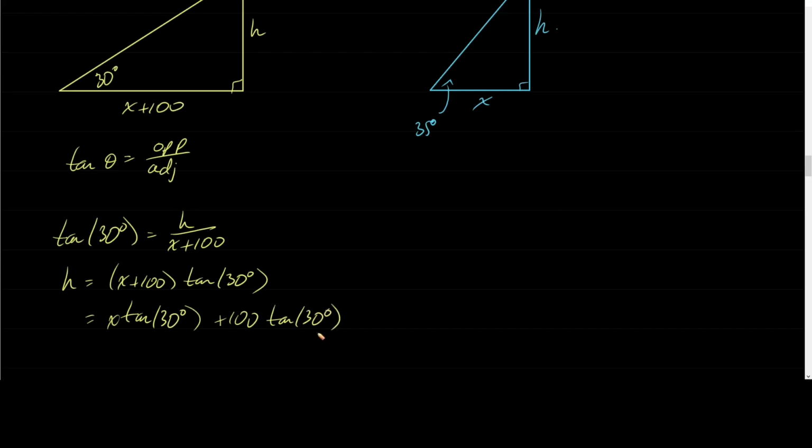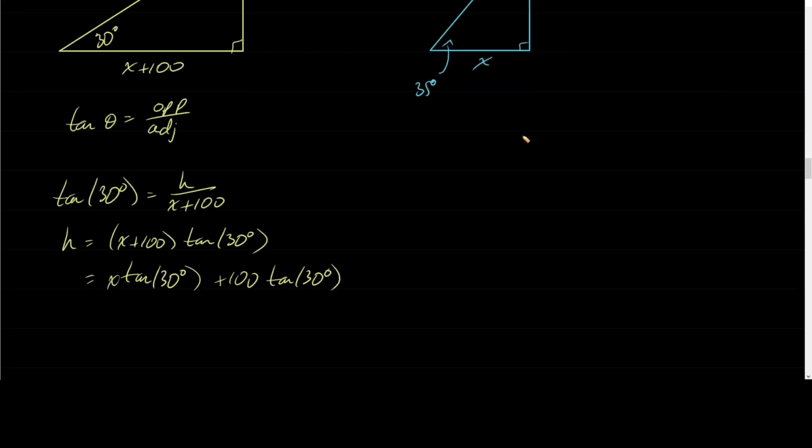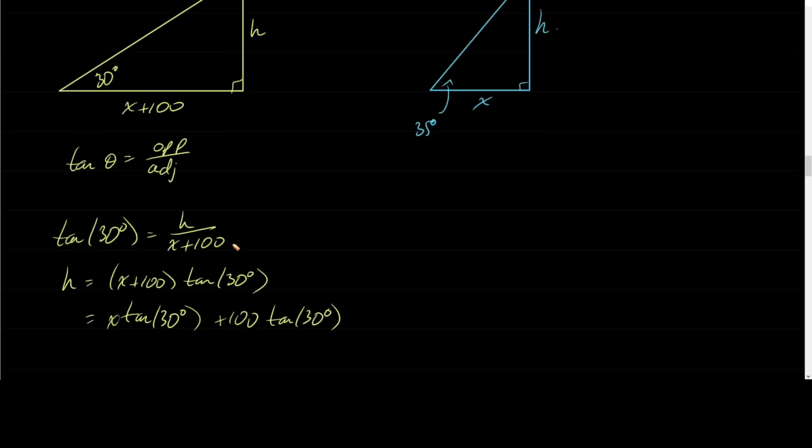All right. Now, in the other triangle, in the blue triangle here, I still got to relate the opposite and the adjacent side, so I'm going to use tangent again. And I'm going to say now, from this information, that tangent of 35 degrees will be the opposite, h, over the adjacent, x.